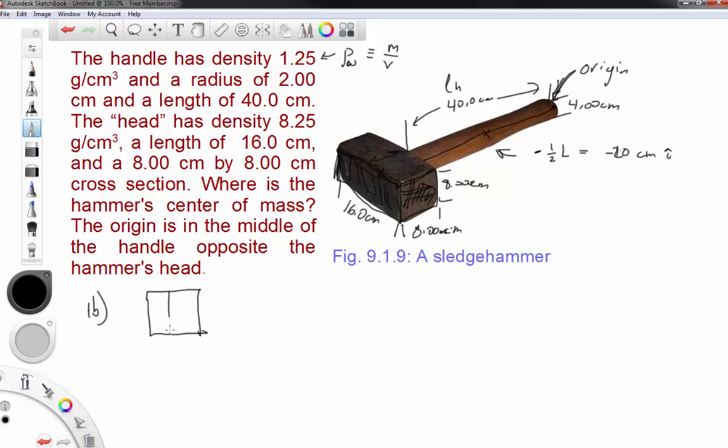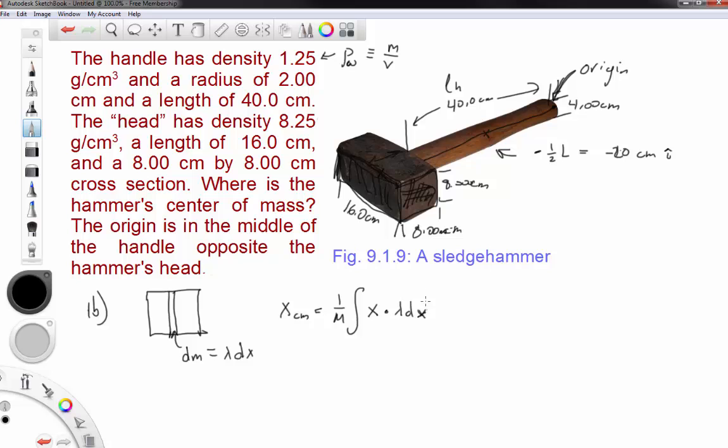And again, you can take a little sliver of the hammerhead, call it dm for the hammerhead, and once again you'll end up with a lambda times dx. So we repeat the process that we did before, and it'll end up being that the x center of mass is equal to 1 over the mass of the head times the integral of x times lambda dx once again.